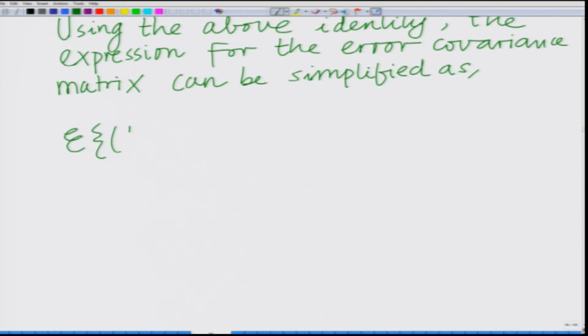I have the expected value of h hat minus h bar into h hat minus h bar transpose.